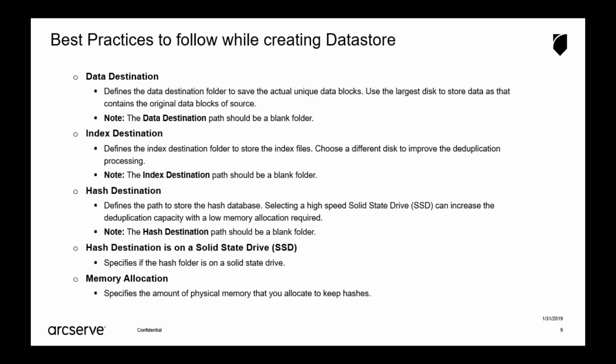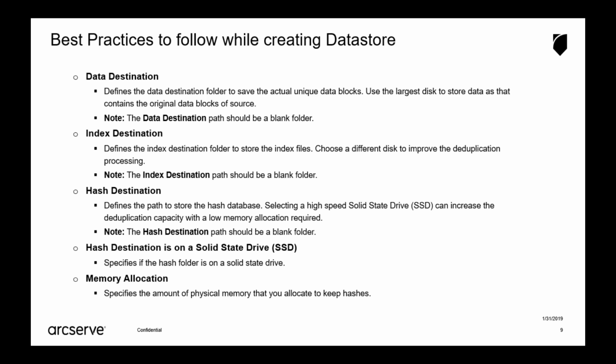The hash destination. This is the place where all the hash algorithm is happening, and it will be good if you have the SSDs or you have more physical RAM. What are the advantages in having pure memory and SSD? We'll talk in the next coming slides.